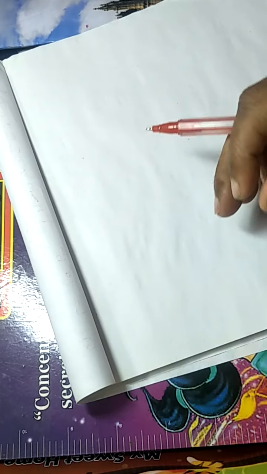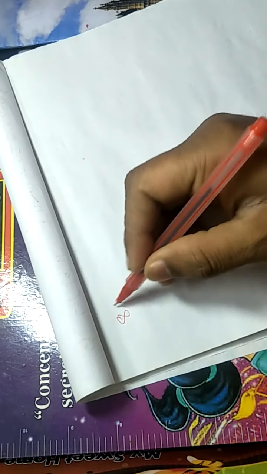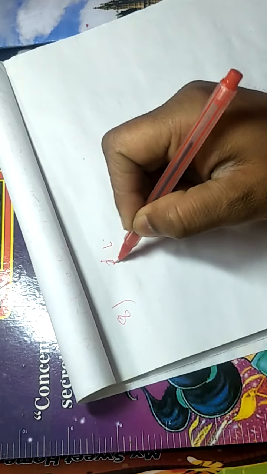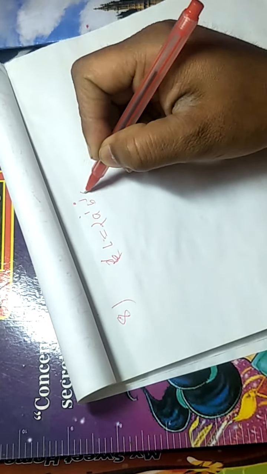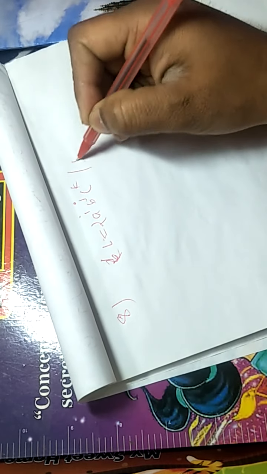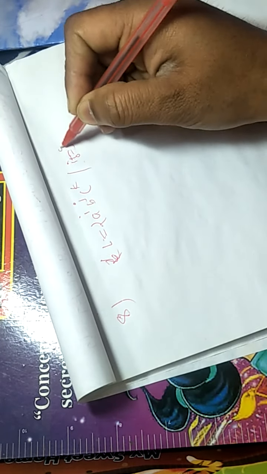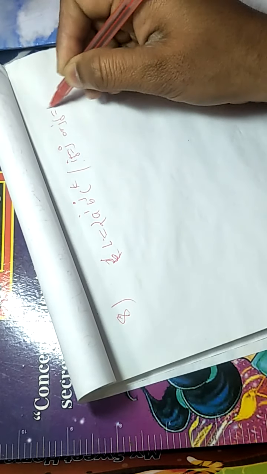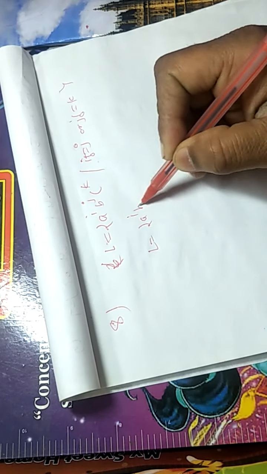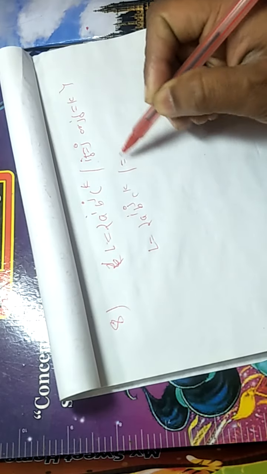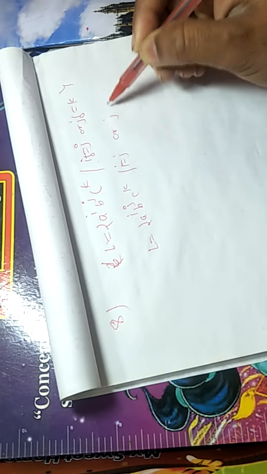Let's move to the important question. Question number 8. L is equal to a^i b^j c^k, i not equal to j, or j not equal to k. First look at this problem: i equal to j or j equal to k.